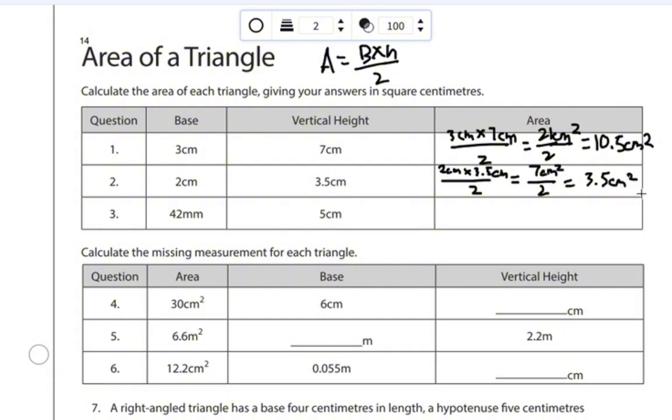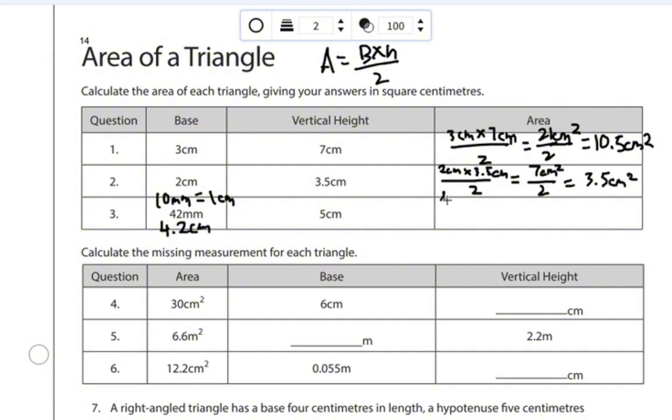Now, for the third question, we will need to convert this into cm. So 10 mm would equal to 1 cm. So 42 mm would be 4.2 cm.